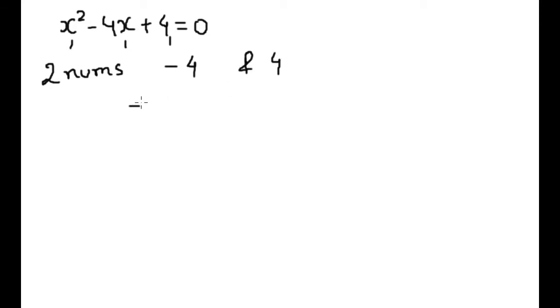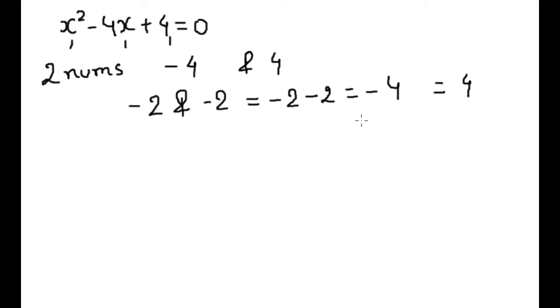So we can say minus 2 and minus 2. Addition of minus 2 and minus 2 is minus 4 and multiplication is 4. So our two numbers are minus 2 and minus 2.